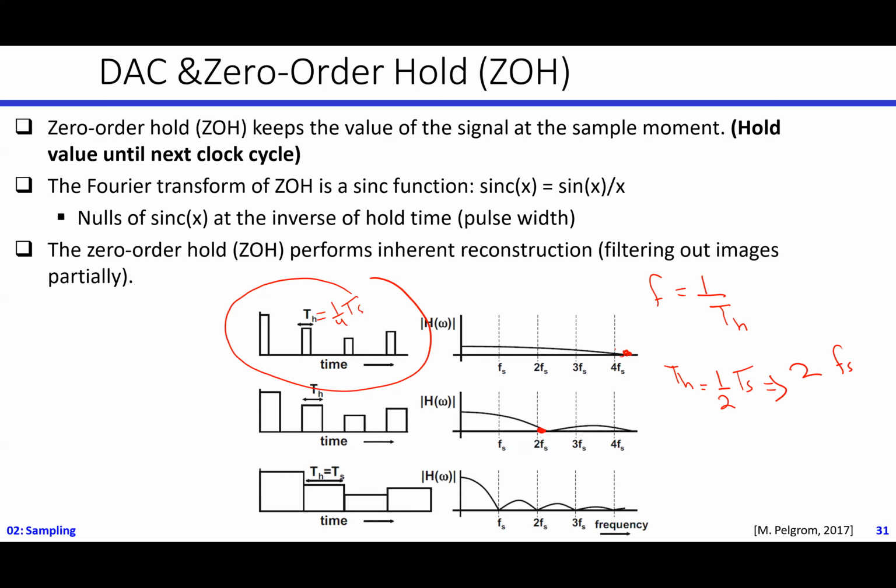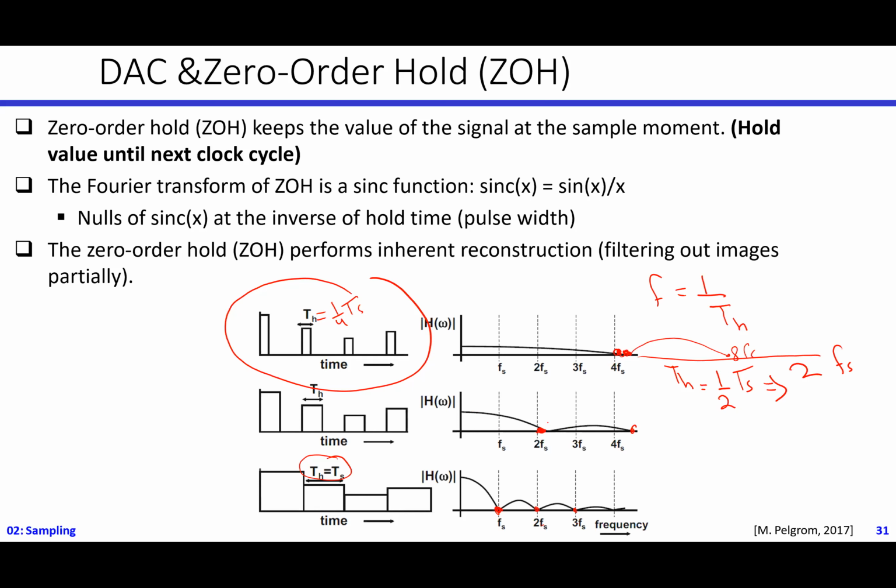At 4 times our FS. And if TH is equal to TS, then you will have nulls at multiples: FS, 2FS, 3FS. So this is basically the sinc function.